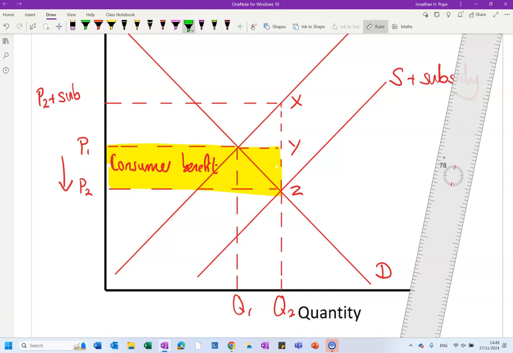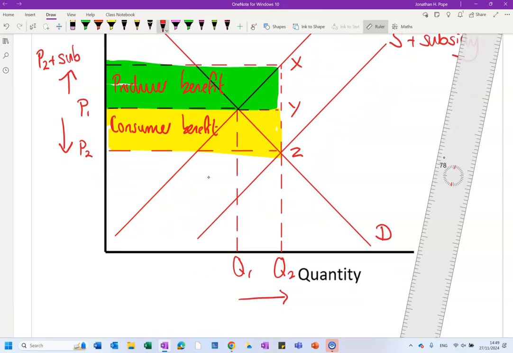So you can see that there. The producer, again, they're benefiting, and you can see that there, producer benefit up there. Now they've benefited because their price has risen. They're also benefiting because the quantity that they're selling has also gone up as well.